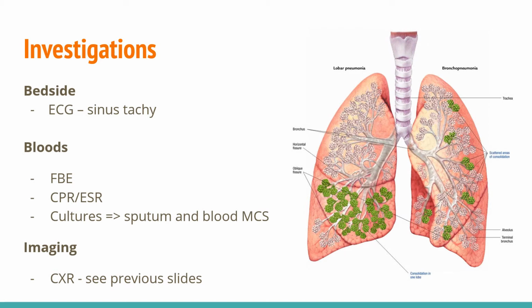And then you would also be doing blood cultures as well, especially if they're super febrile and they've been having rigors and stuff. And imaging, we went through the chest x-ray in previous slides. There's no other imaging that you would do. It's all on the chest x-ray.